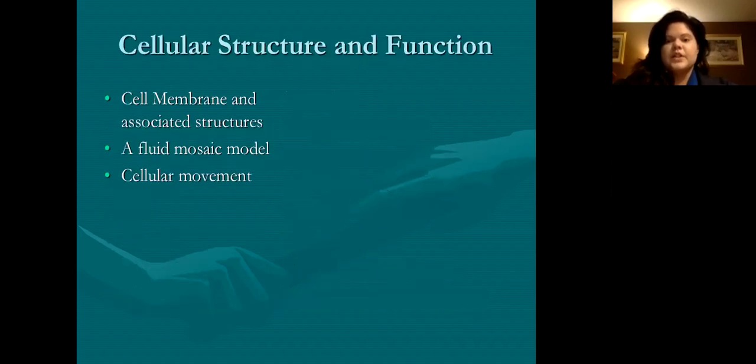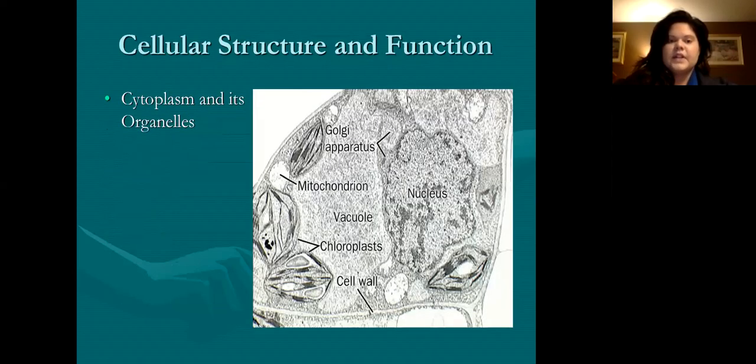So cellular structures and functions, you have the cell membrane and the associated structures. There's a fluid mosaic model and cellular movement. Your cytoplasm and its organelles. So here is the cell structure that we were looking at previously that we said we would go back over.